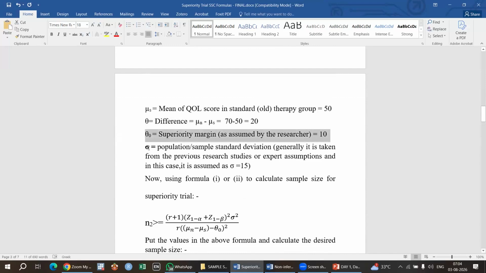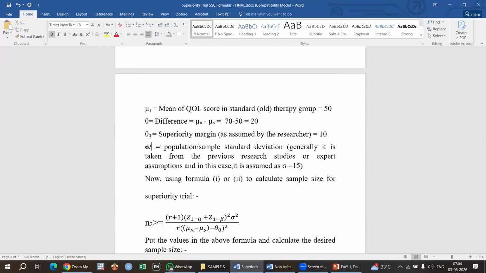And this is S, sometimes written as small s or sigma. Both are the same. Sigma is assumed to be 15. It may be taken from a previous study, pilot study, or clinical experience.